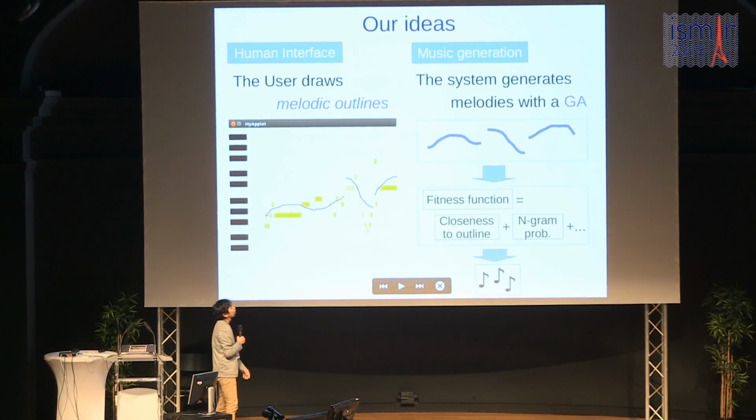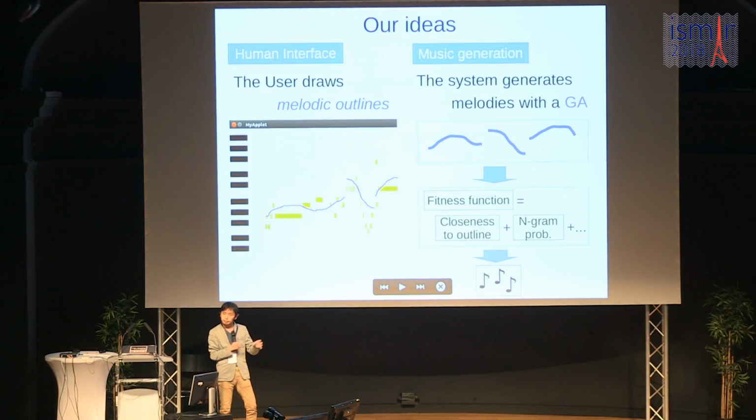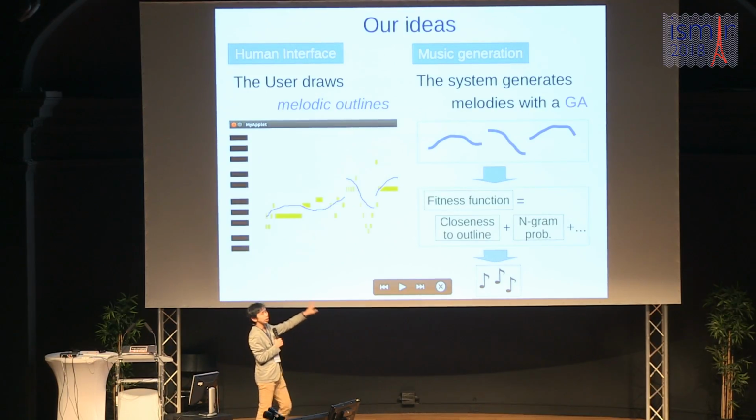For melodic outlines given by the user, the system calculates a fitness function that involves the closeness to the outline and n-gram probability and so on. By calculating this fitness function, the system tries to find melodies that satisfy both the closeness to the outline you draw and musical appropriateness.